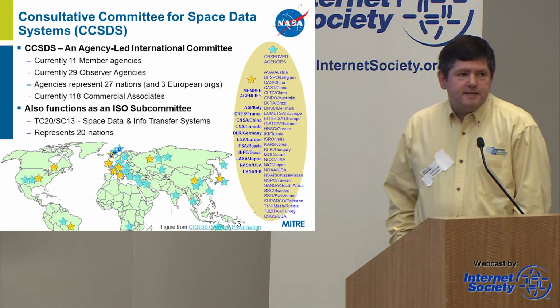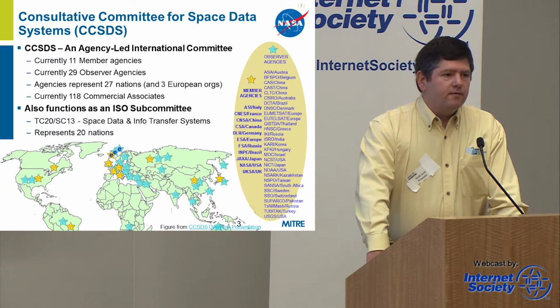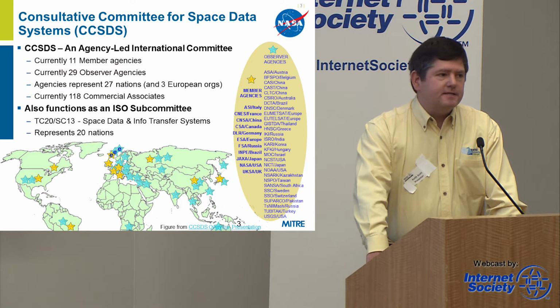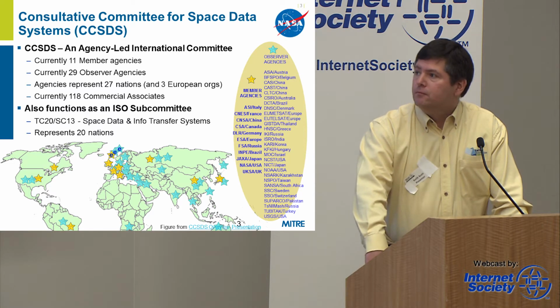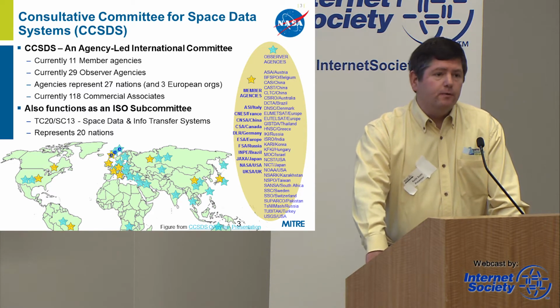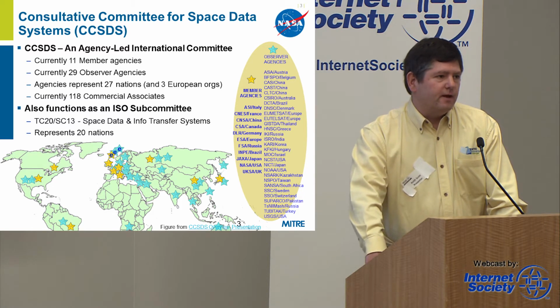So CCSDS is the Consultative Committee for Space Data Systems. They are the international standards body that sets the communication protocols for talking with civilian spacecraft for most of the large space agencies around the world. The rough mapping is you can think of them like the IETF for space communication.